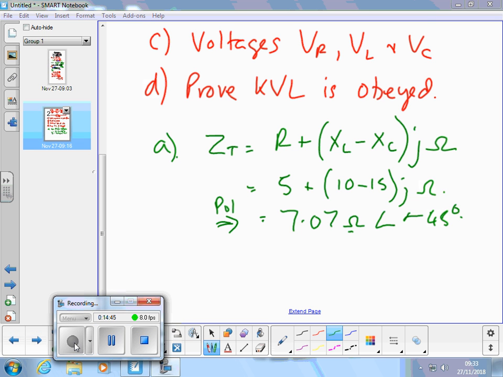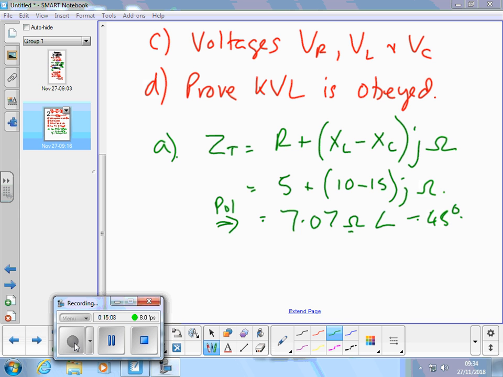So, 7.07 ohms, angle minus 45 degrees. Is that what you would expect for a circuit where capacitive reactance is bigger than inductive reactance?